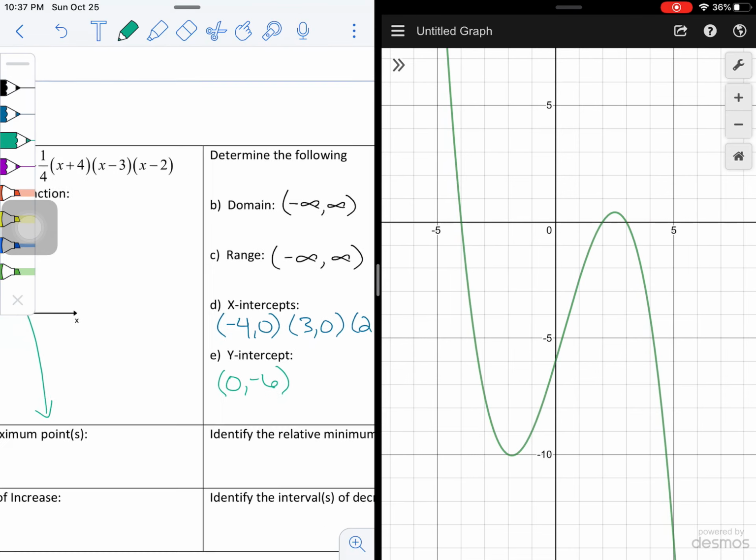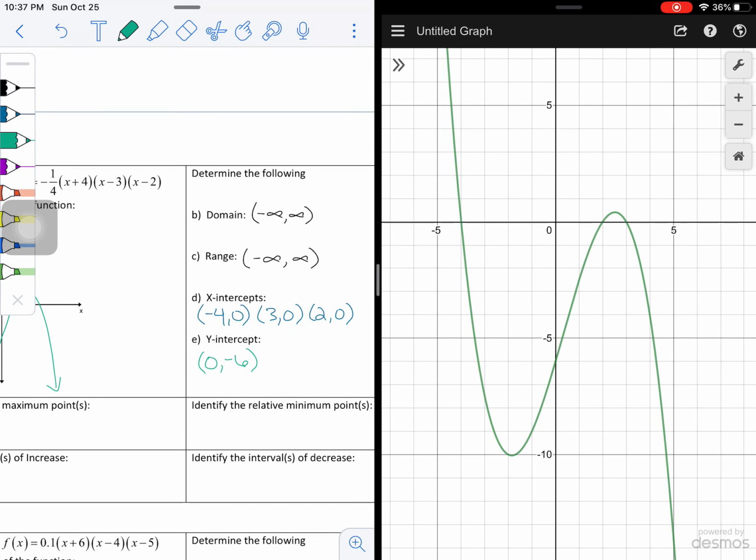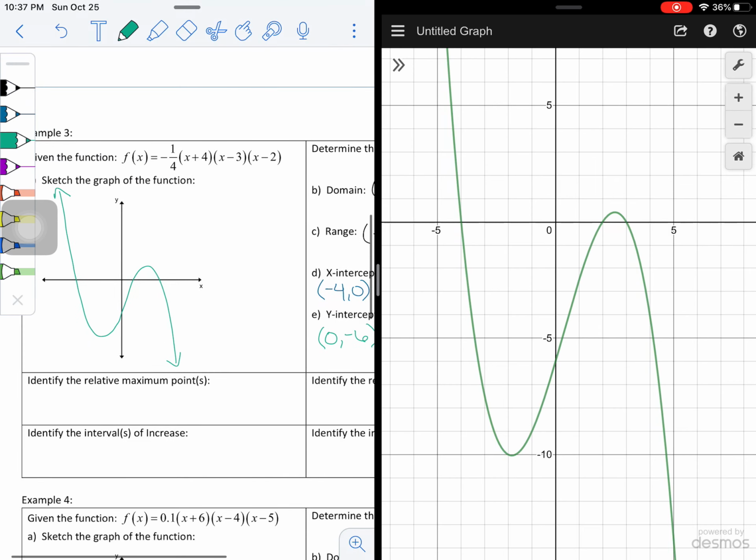Okay, so we've got the domain, the range, the x-intercepts, and the y-intercepts. You know how to find those now algebraically, I hope, and with Desmos, right? Nice tool. Let's talk about the relative maximum point, all right? Now, we've got this point right here is a relative maximum.